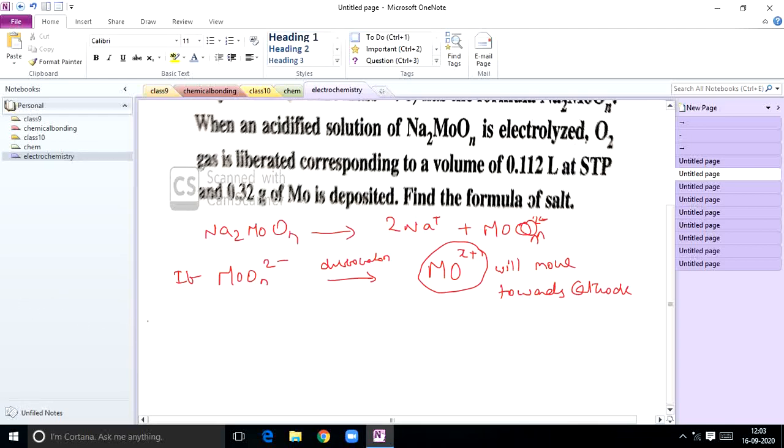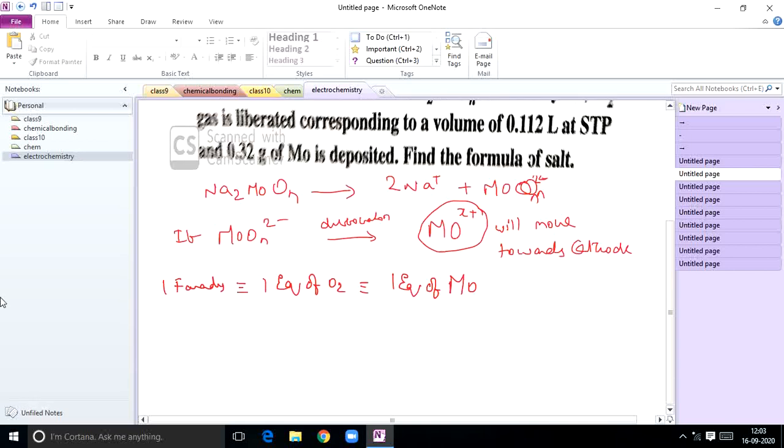Next, according to that, 1 Faraday equals 1 equivalent of oxygen, that is equal to 1 equivalent of molybdenum metal. So how to calculate number of equivalents of oxygen?